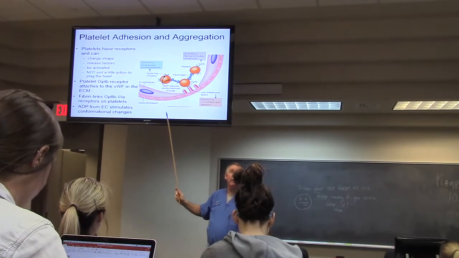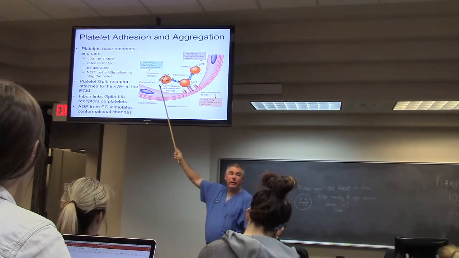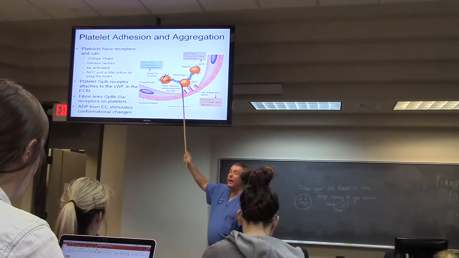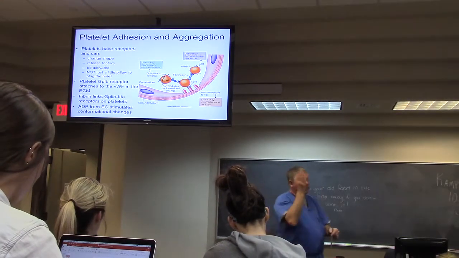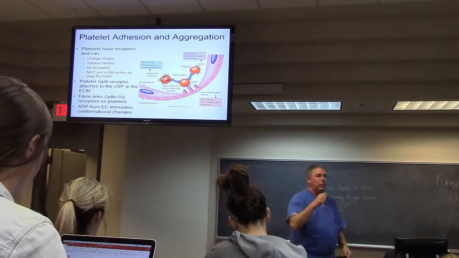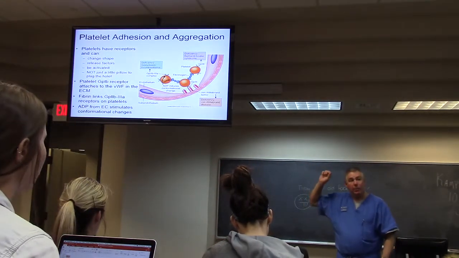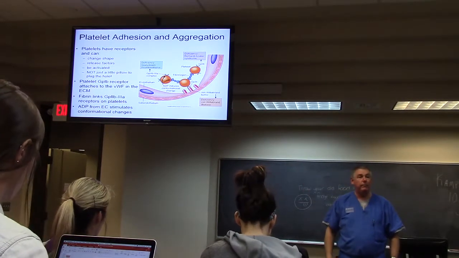That allows it to bind with fibrinogen to other similarly active glycoprotein 2B/3A receptors on other cells. That's how you start getting the platelets to stack up on each other through this mechanism.